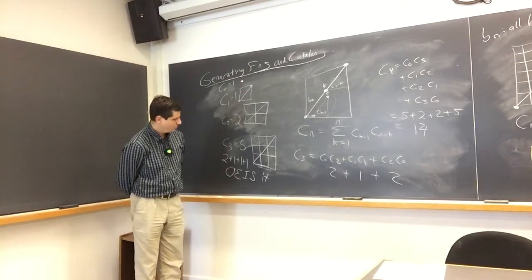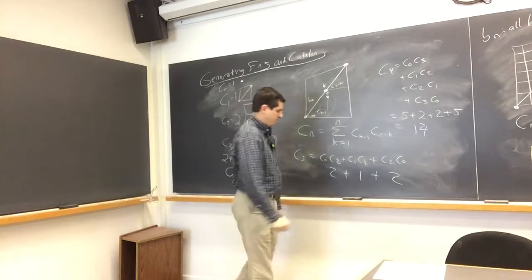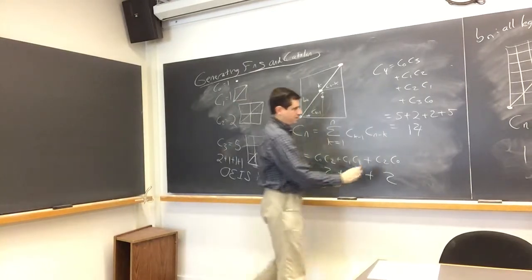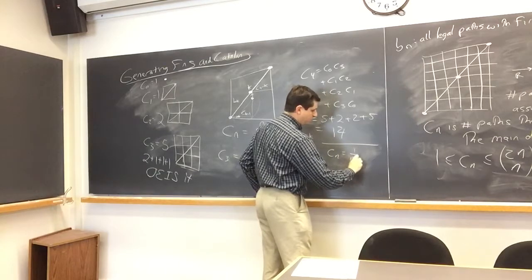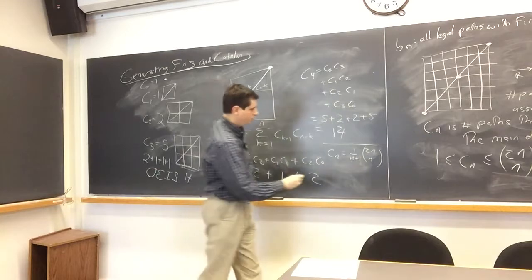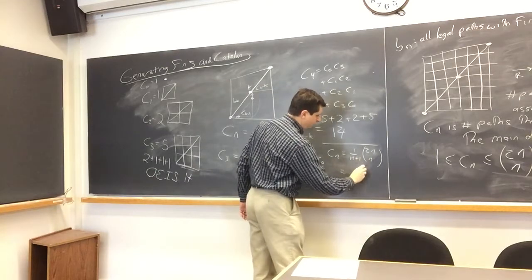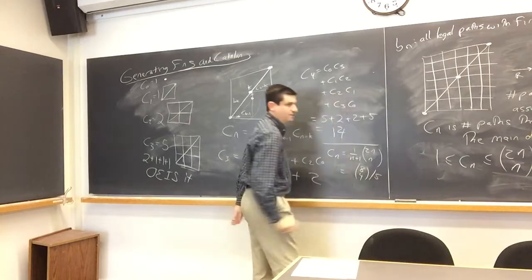And now we're trying to do 4. So I believe Cn is 1 over n plus 1, 2n choose n. So this should be 8 choose 4 divided by 5.